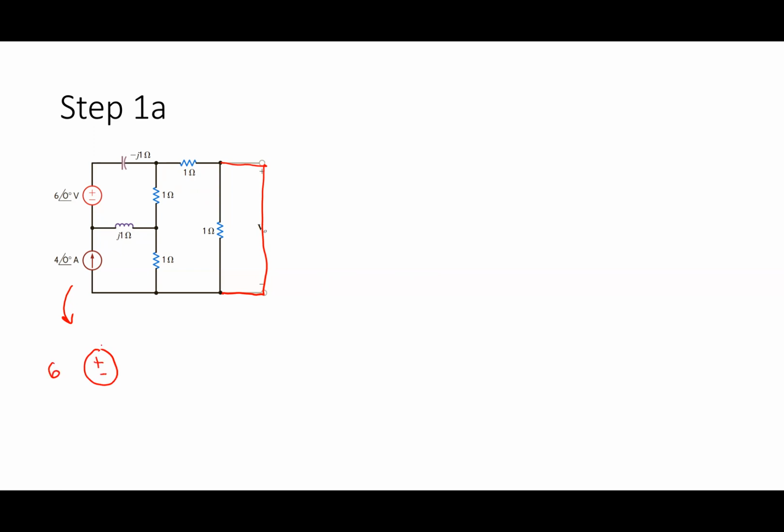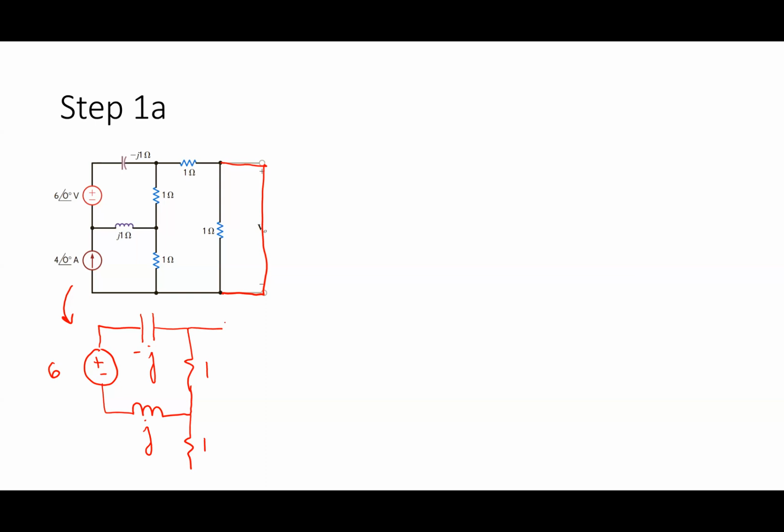So I'm just going to make him 6 volts. This guy's negative J. This guy's 1. This guy's J. What about the 1 ohm down there? Do I keep it? I sure do, right? But I get rid of the current source. So that whole branch with the current source.